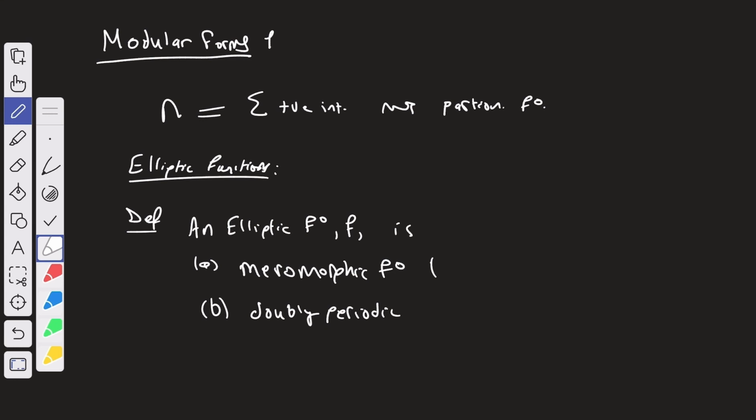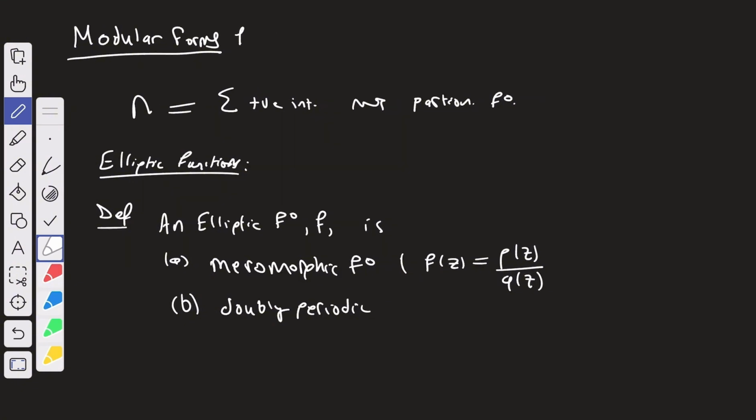You can think that f of z takes the form p of z over q of z, where p and q are holomorphic, and it has finitely many poles in compact subsets of the plane.